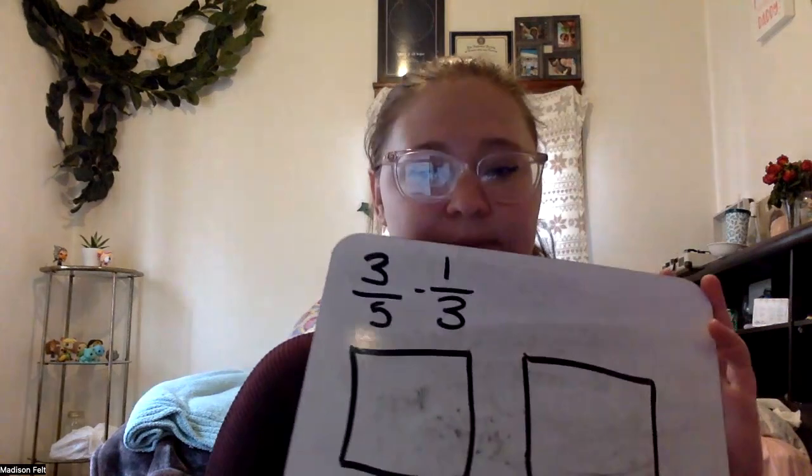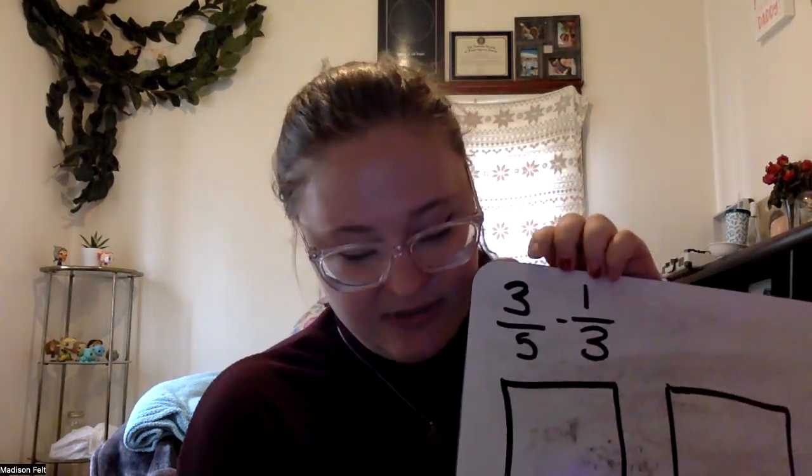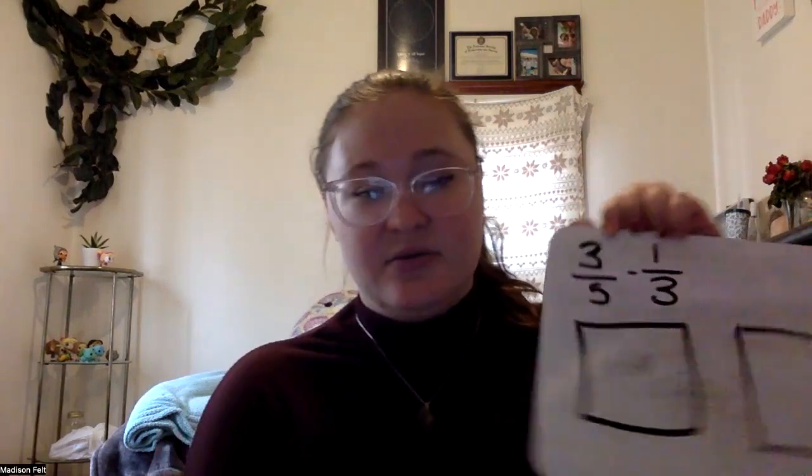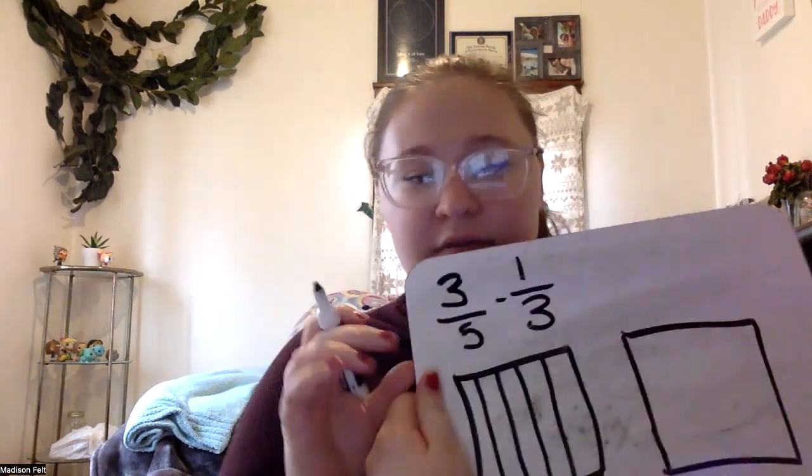We'll do 2. And remember, the first one that we're starting with is always going to be partitioned vertically. So we'll partition that into 5. 1, 2, 3, 4, 5. And then I'm going to fill in 3 of those for 3/5. So 1, 2, 3. So it'll look kind of like that.